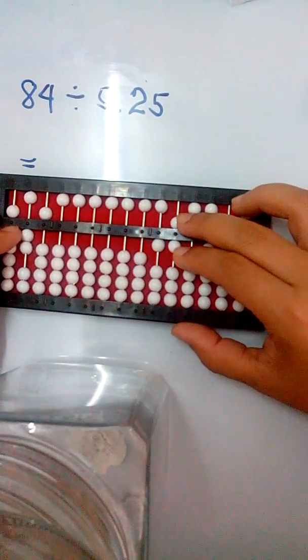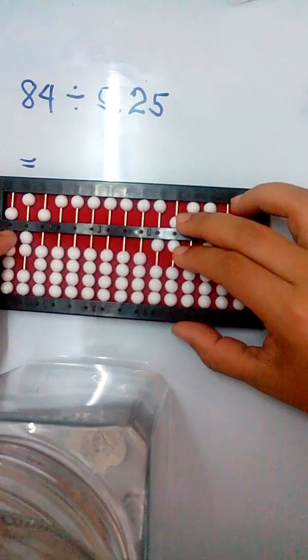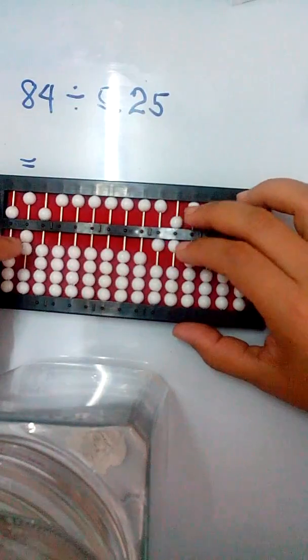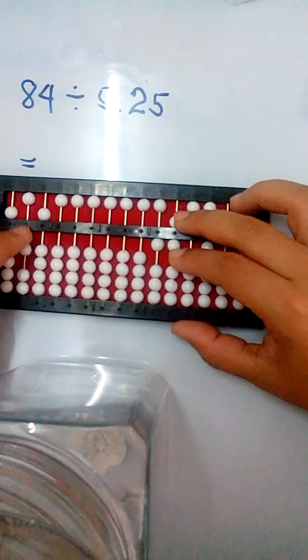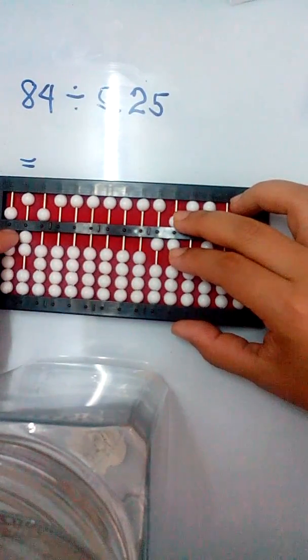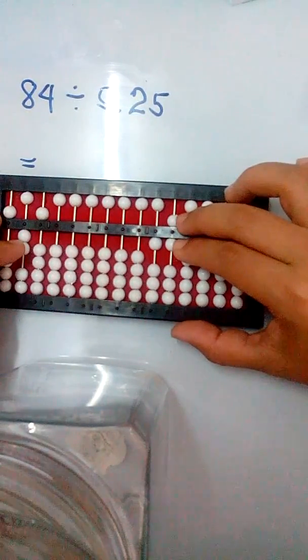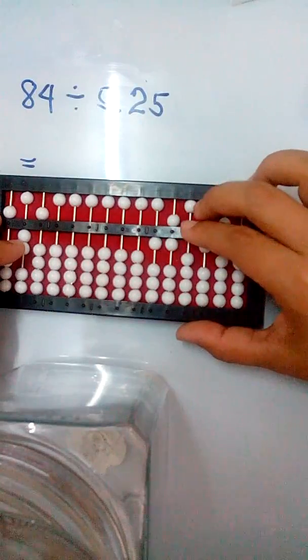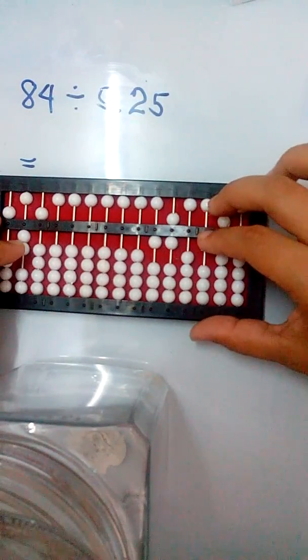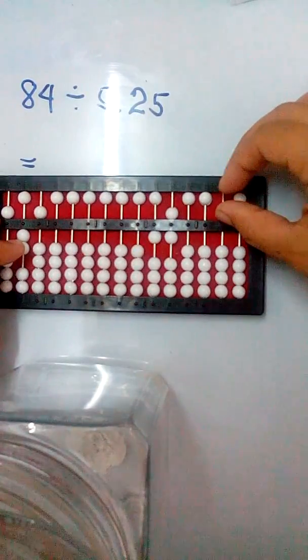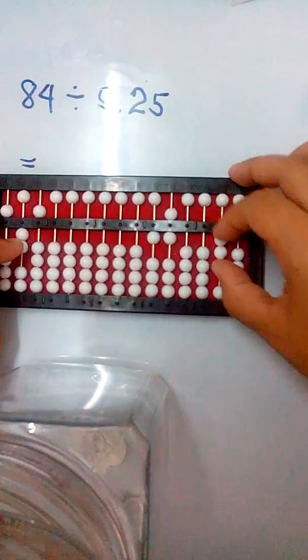Go back. Quotient 6 times 2 on the extreme left is 12. Since divisor 2 is on the second rod, skip one rod from quotient 6 going to the right before clearing 12. Clear 10, clear 2, no 2, clear 5, set 3.